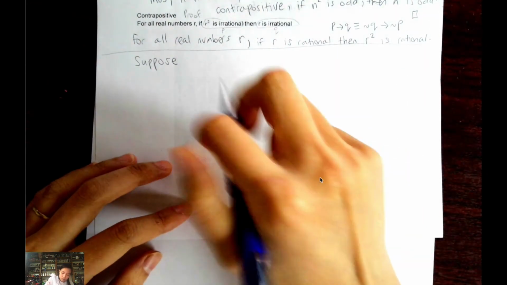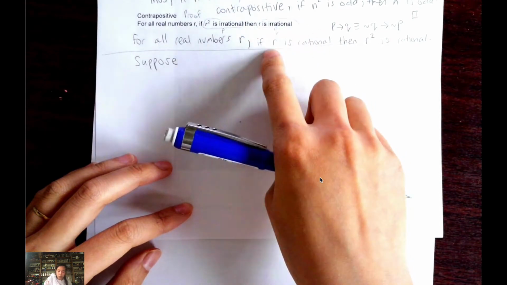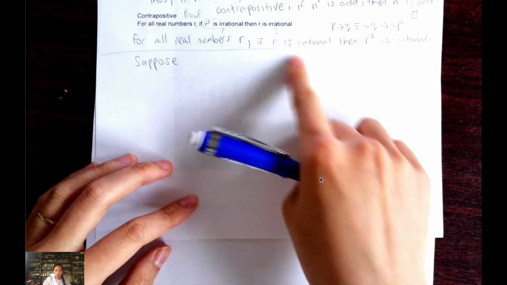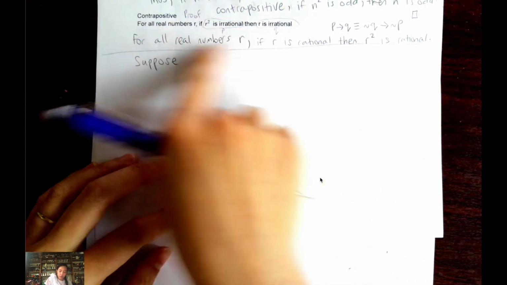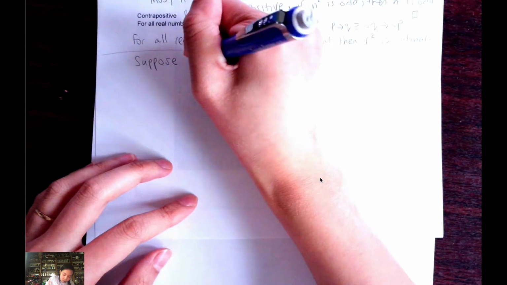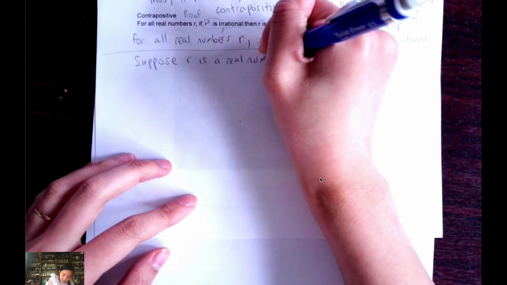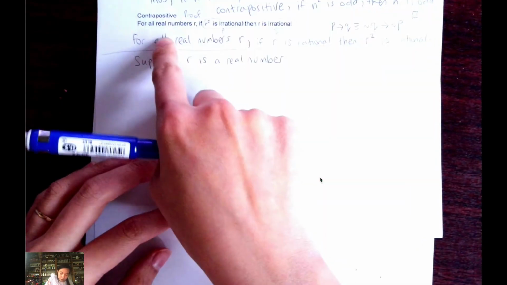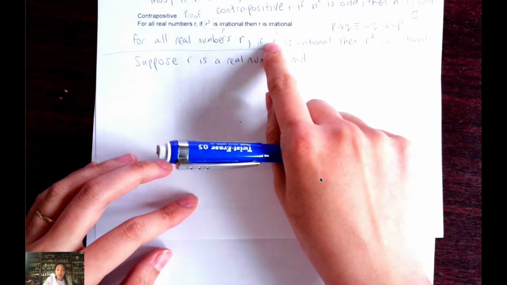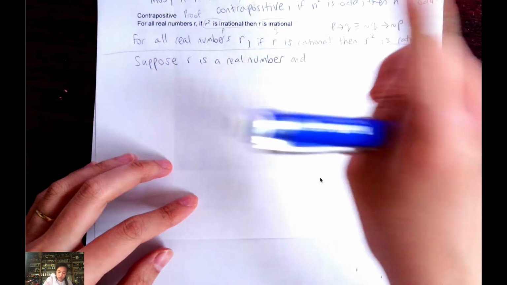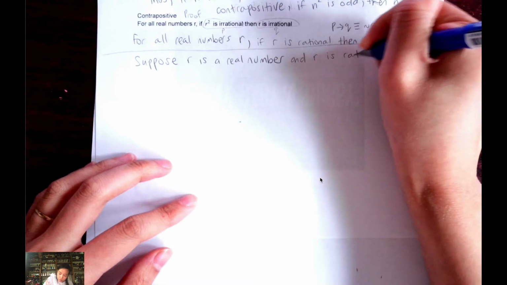Suppose r is a real number, and we write the if part of the if-then sentence, and r is rational.